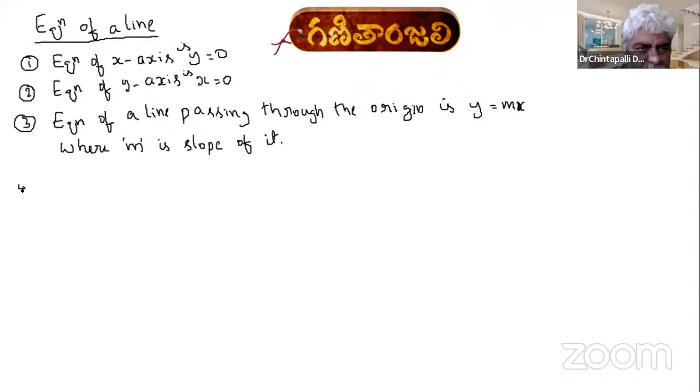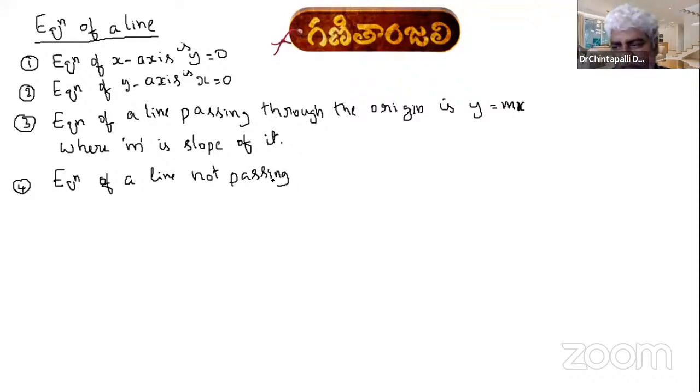Next point, equation of a line not passing through the origin. Can you tell?